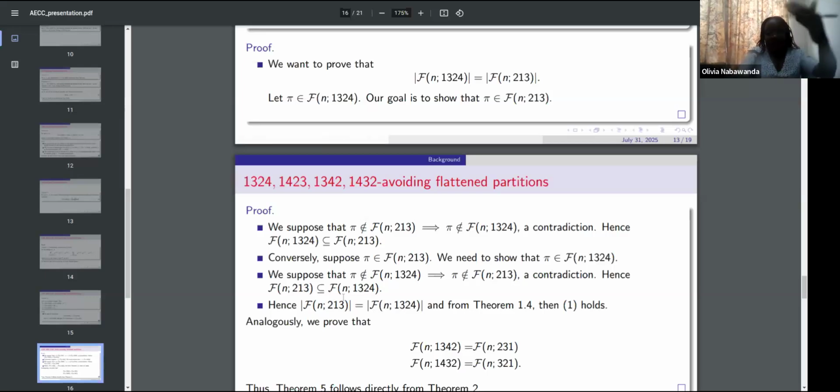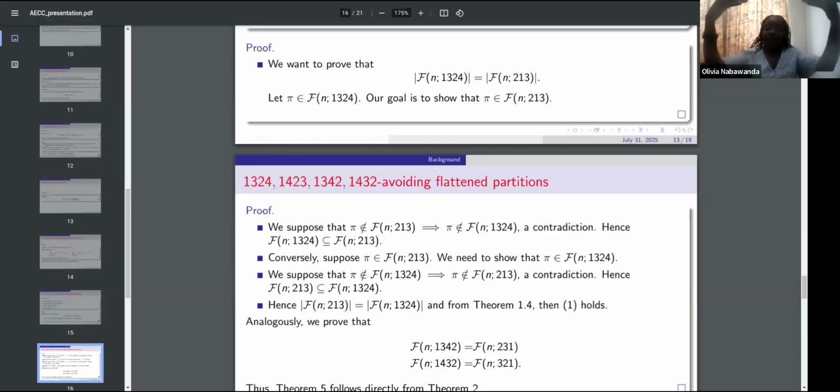And using the same arguments, we would do the same for pattern 312 and pattern 1423, and we'd come to the conclusion that the number of 312 avoiding flattened partitions and the number of 1423 avoiding flattened partitions would be the same.